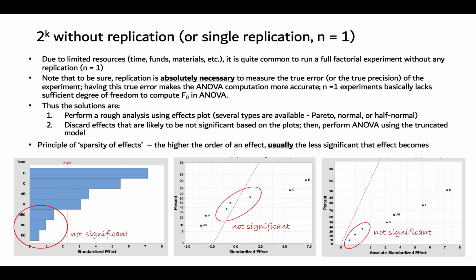As the number of factors in the factorial experiment grows, the number of effects that can be estimated also grows.